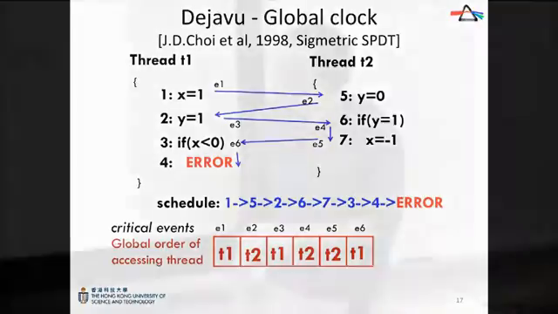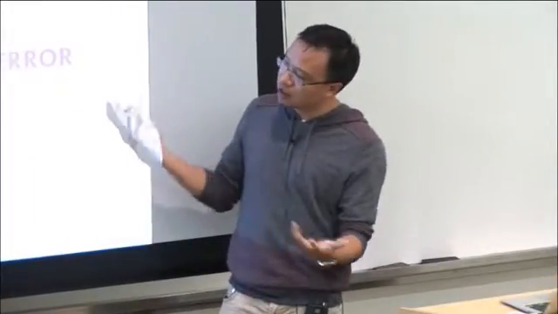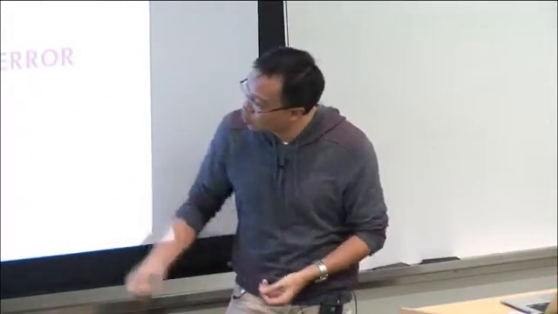We can record all of them in a global log, a global sequence of the thread schedule that computes the shared variable states.